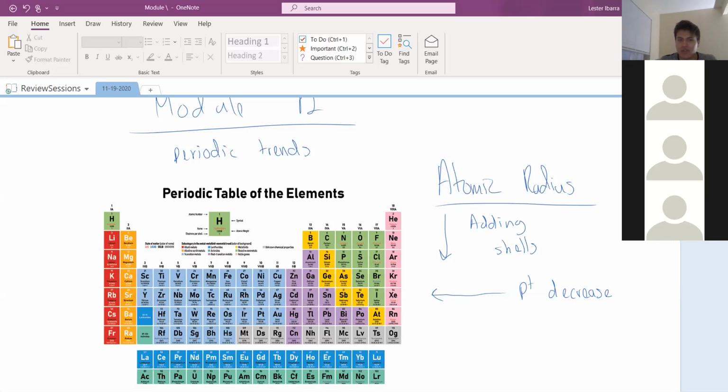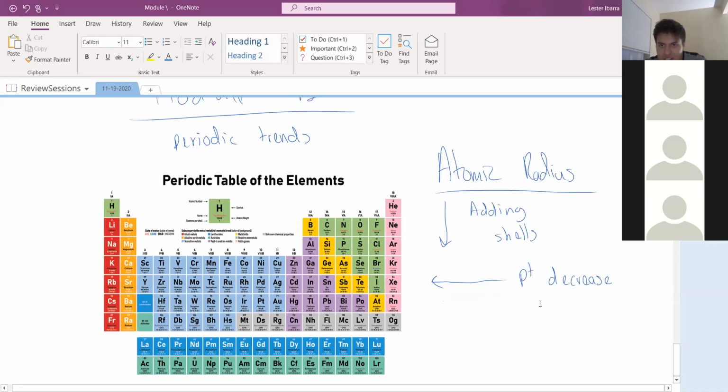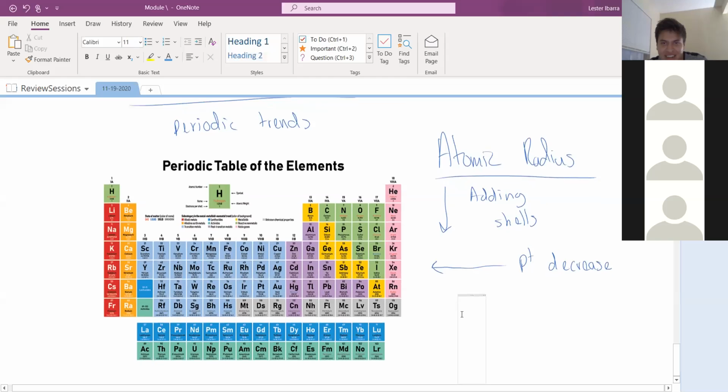Is it going to get weaker or stronger? It's going to get stronger the more protons we have, because the attraction between the nucleus and the electrons gets stronger, so the atom basically shrinks, it condenses. Well, that's the atomic radius, radii, whatever you want to call it.